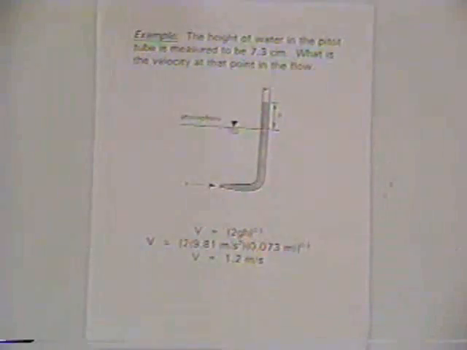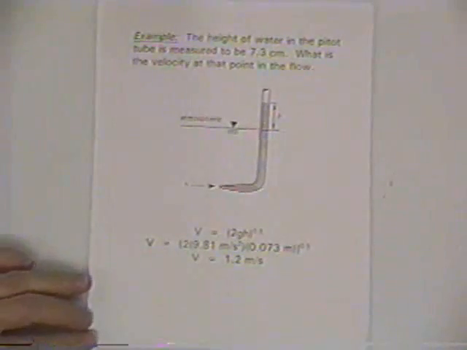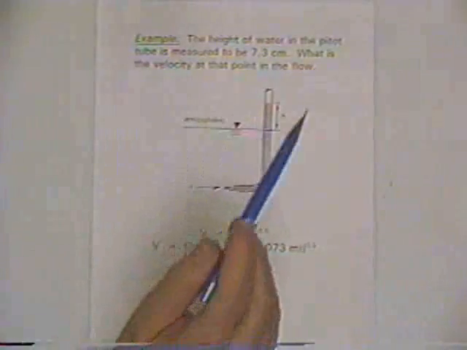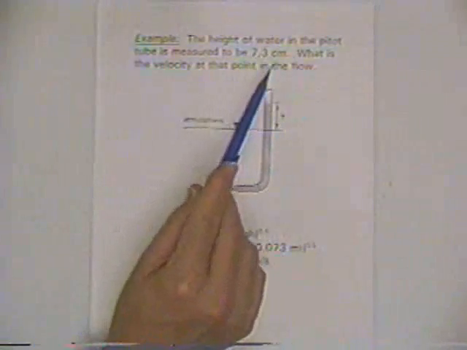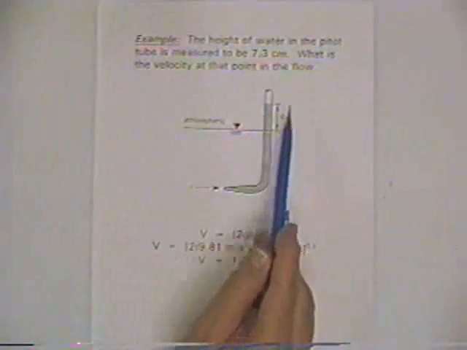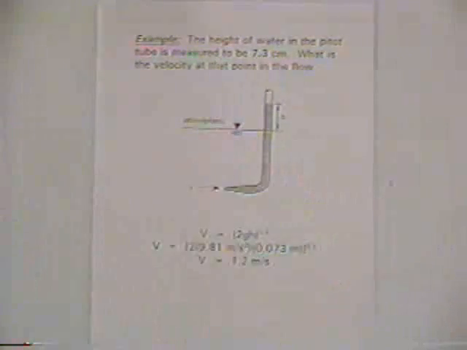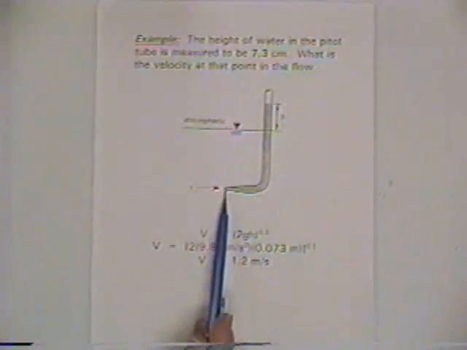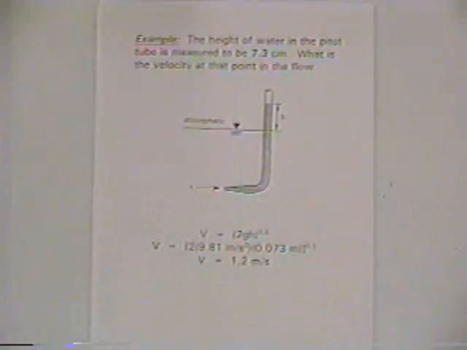And so in this example, and this is an adaptation, a little bit of a variation of an example that's also presented in your EIT review reference book, and we just changed it just a bit. Here we've measured this height, and we measured it to be 7.3 centimeters, and so we want to know the velocity at this point in the flow. And we've already worked the problem.